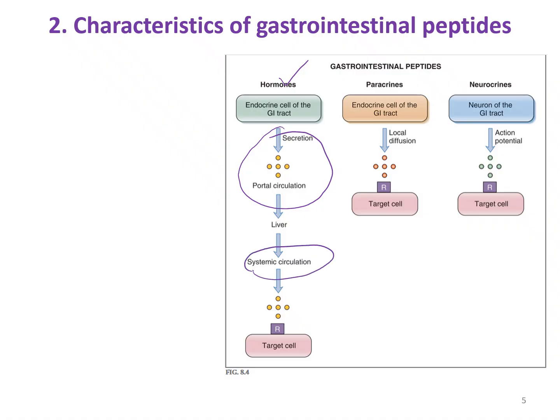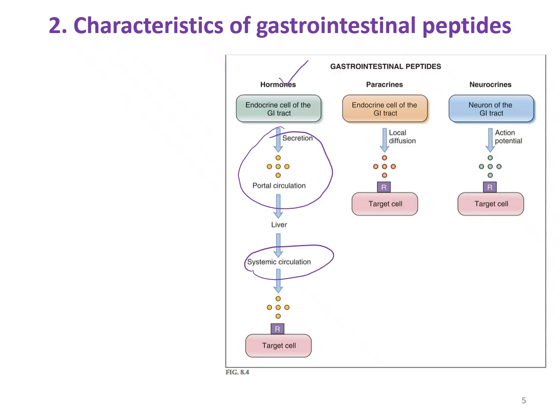Then they target the cell. That is the hormonal pathway. Especially the four hormones we mentioned in the beginning mainly qualify for this pathway. They are secreted, enter into the circulation and go to the target cell.